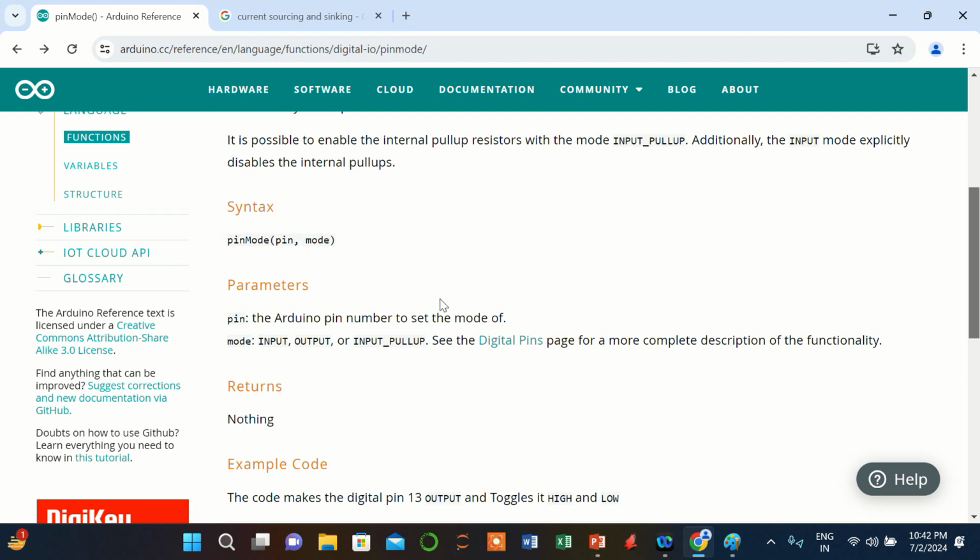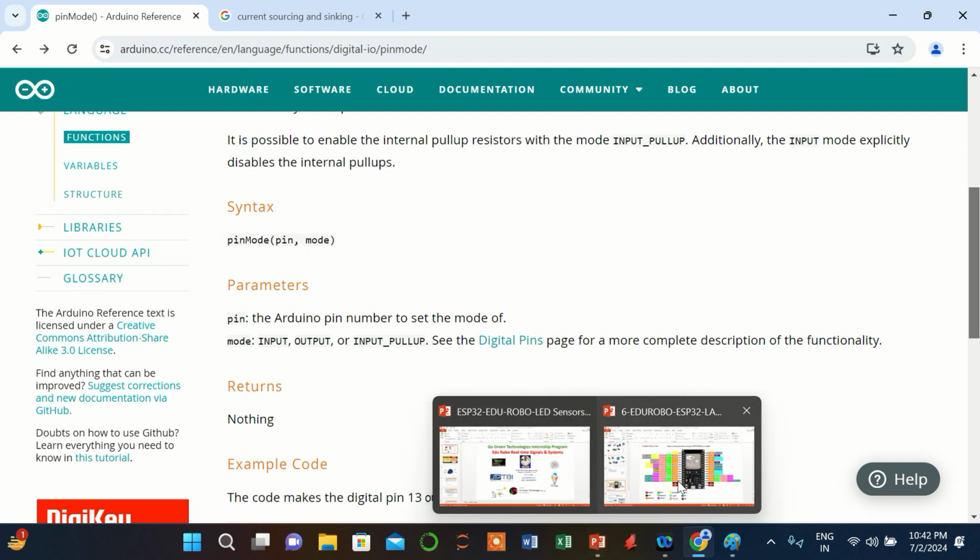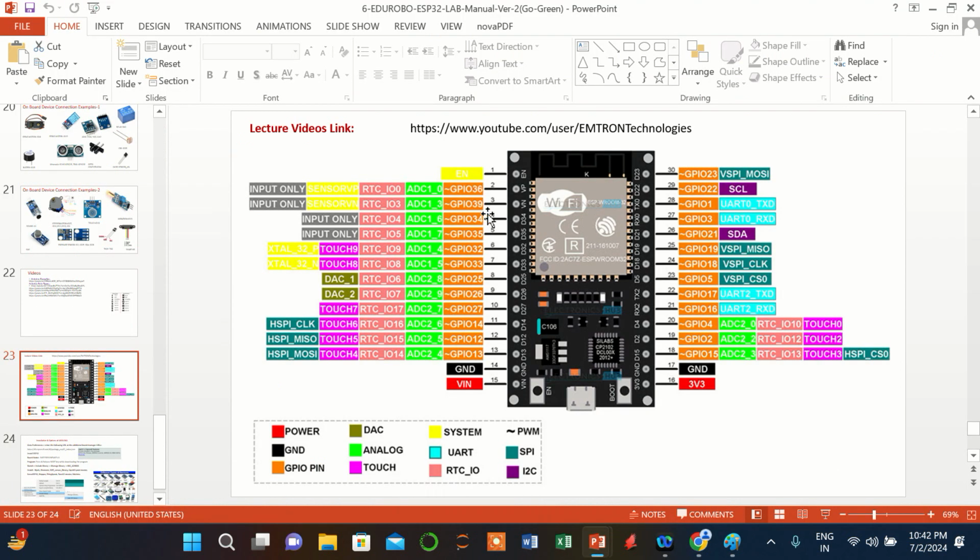What could be the mode? The mode could be INPUT, OUTPUT, or INPUT_PULLUP. So there are three possibilities for mentioning the mode.